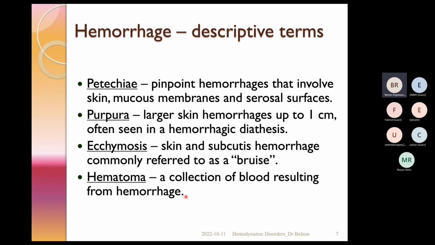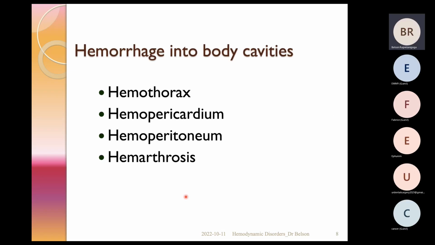While in hematoma, there is a pocket of pure blood. Hemorrhage into the cavities, we will not talk much about them. You will see them in different fields of surgery, internal medicine or pediatrics, but here you have to know these terms.